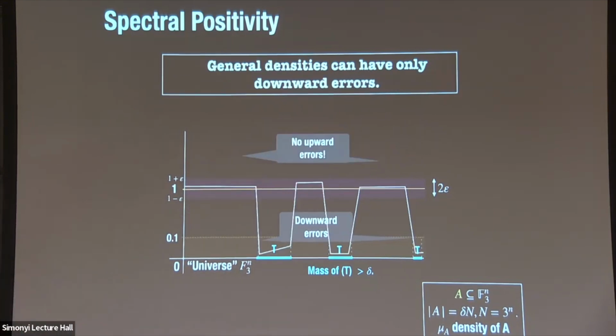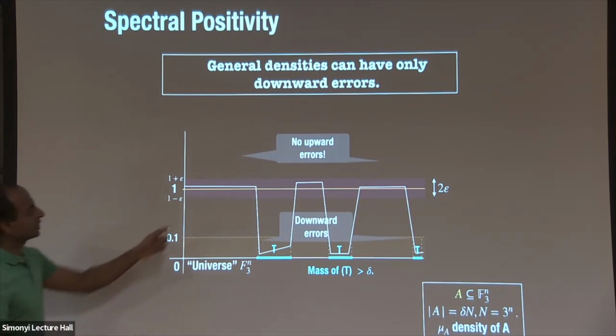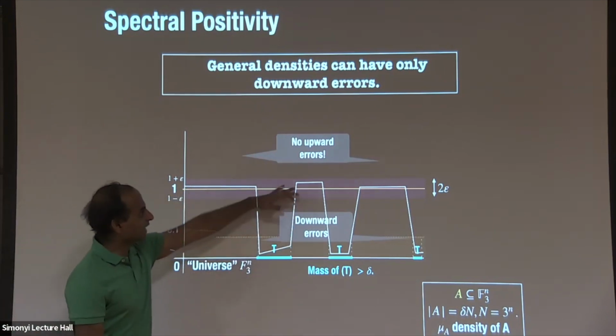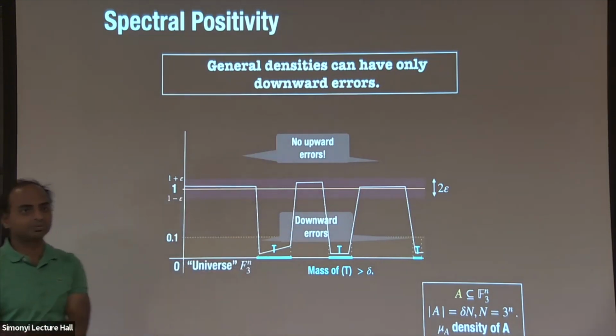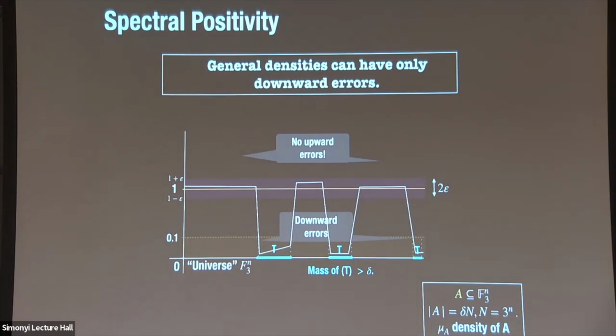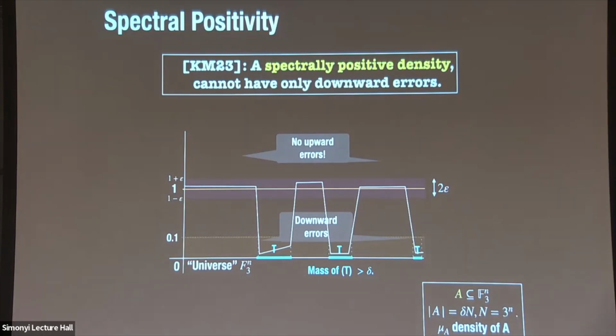In general, there can be densities which only have downward errors. So I can have a distribution which looks like this: basically very close to 1 in the upward direction, but with large deviations in the downward direction. And one of the things that we exploit is that this cannot actually happen for a large class of densities with a special property. In particular, we showed that if your density is spectrally positive, then you cannot have just downward errors.